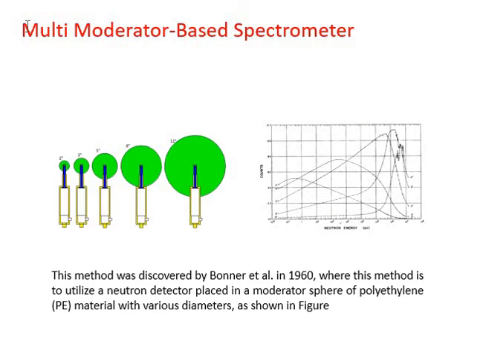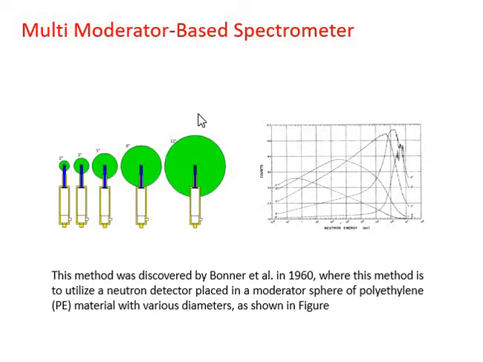The moderator-based neutron spectrometer design was first developed by Bonner et al. They used 5 spherical moderators made of polyethylene varying in diameter from 2 to 12 inches. The detector used is a lithium scintillator.